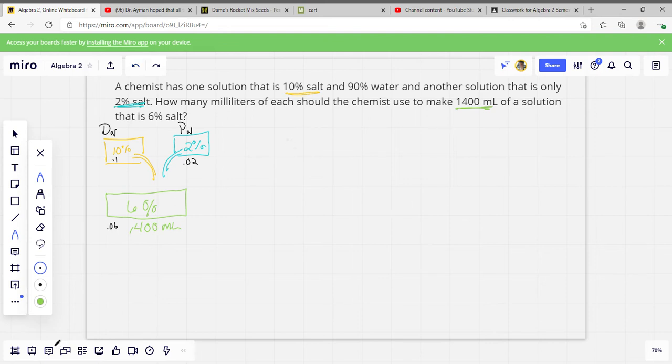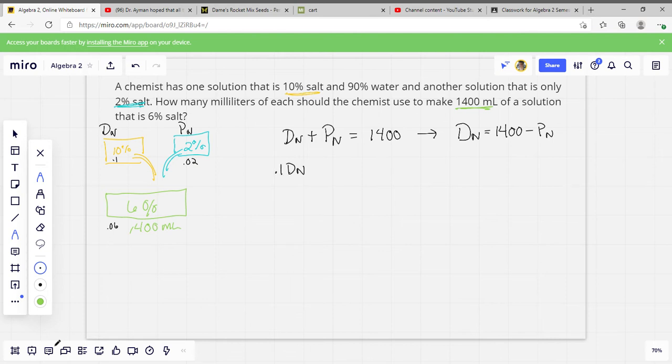Alright, so we're going to say our Dn plus our Pn equals 1,400. We'll go ahead and make our Dn equals 1,400 minus our Pn. So I just moved that to the other side, changed its sign. Alright, so then we're going to say 0.1 Dn.